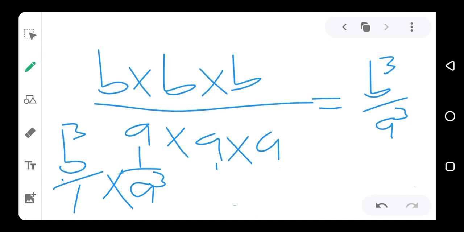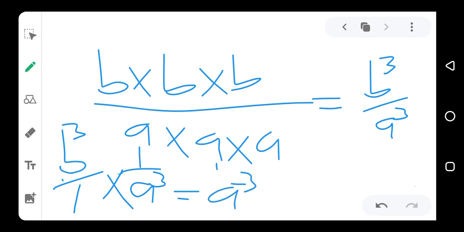Anytime you see 1 over a number or alphabet carrying a power, you can convert that 1 over to a negative power by removing the 1. So this 1 over a raised to power 3 is the same thing as a raised to power minus 3.